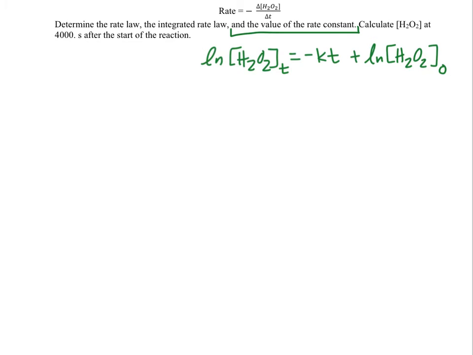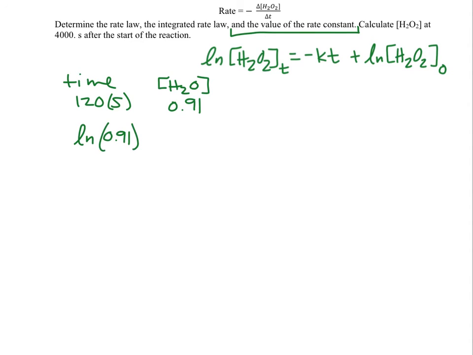I'm going to choose the second line of data, where we have time at 120 seconds and the concentration of the hydrogen peroxide at 0.91. So I'm going to put in the natural log of 0.91 equal to negative mystery k times time, which is just 120 seconds, which means my k is going to have units of 1/seconds.